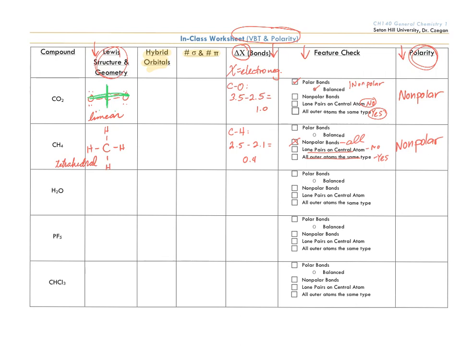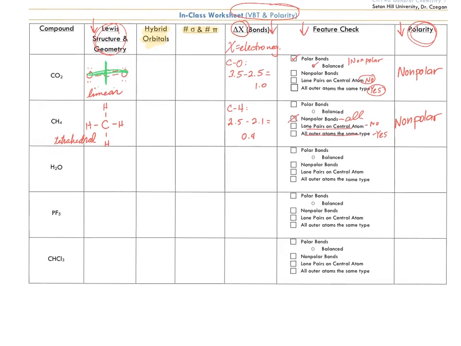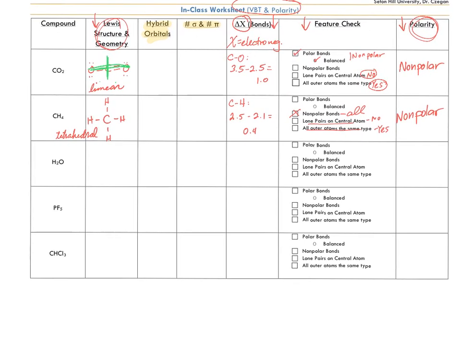Okay, let's skip ahead a little bit here to one that's kind of interesting. We've already discussed water. We know it's polar. PF5, I'll let you try that one. CHCl3. This is a molecule known as chloroform.